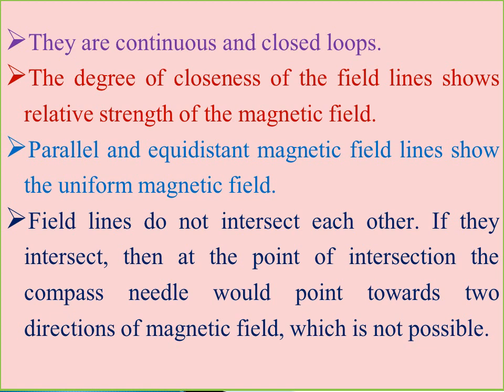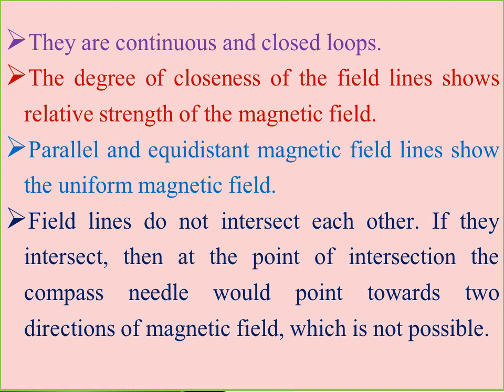The second property is they are closed and continuous loops. And the third property is the degree of closeness of the field lines shows relative strength of the magnetic field.